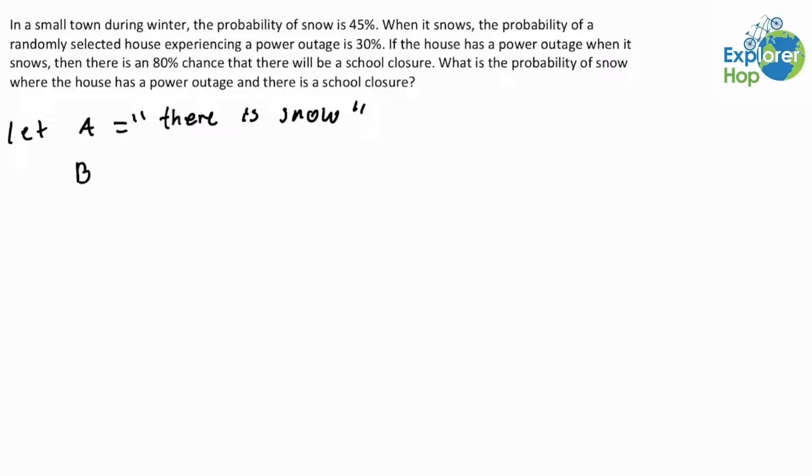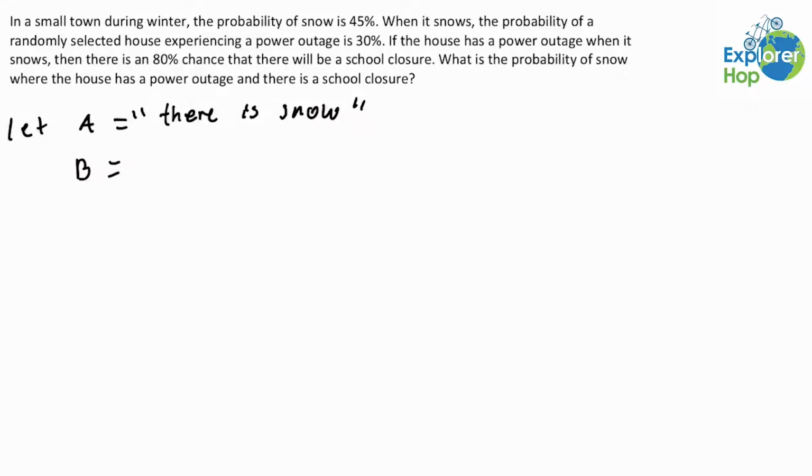So B is going to be equal to the event where the house has a power outage. And finally, we'll let event C be the event where there is a school closure. So C is equal to the event where there is a school closure.